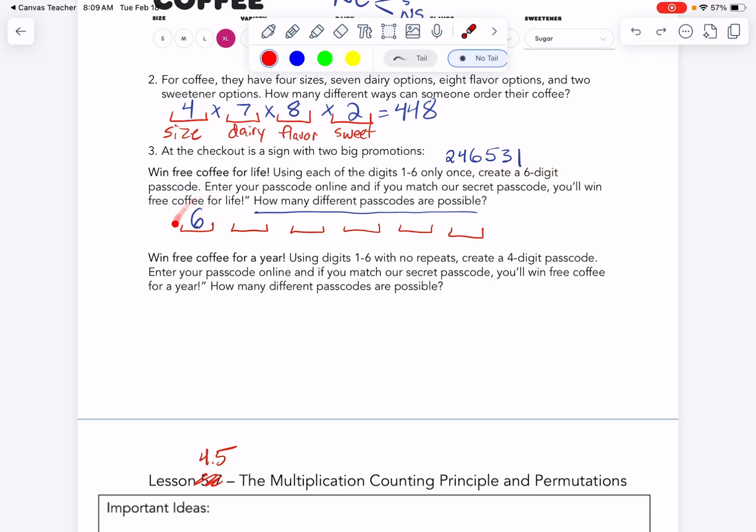So instead, I have 6, and then for the next one, I only have 5 options. I used up one of my options. So it's going to be 6, and then 5, and then, well, now I've used 2 options up, so it's going to be 4, and then I use up 3 options, so next one's going to be 3, and then 2, and then 1.